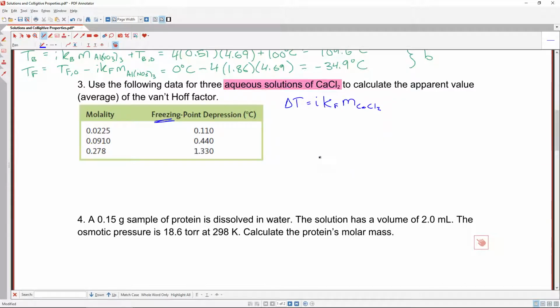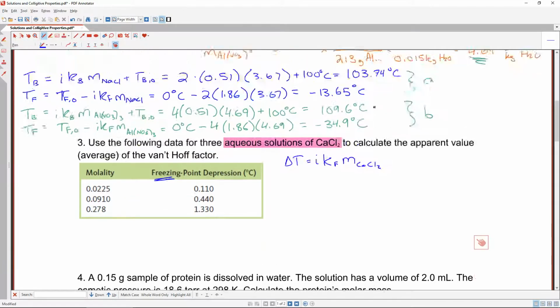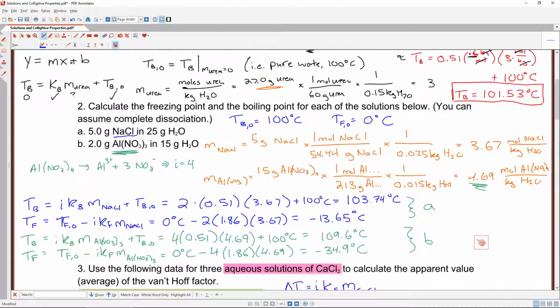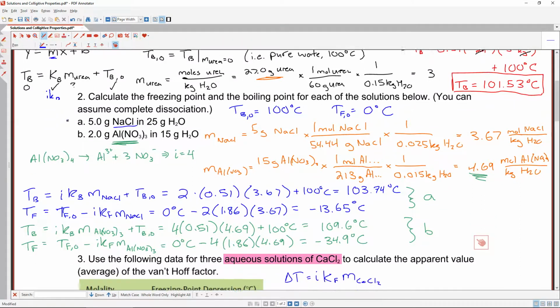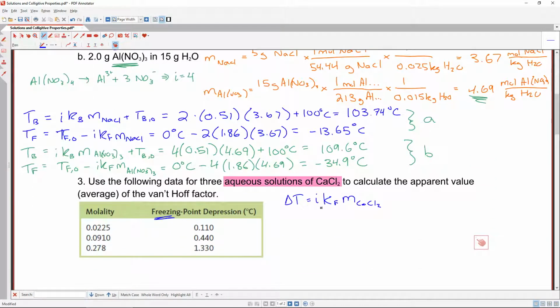Like I said before, these equations are a line, and your slope here is iKb. If delta T is a function of the molality, then your slope for this function is equal to iKf, right?